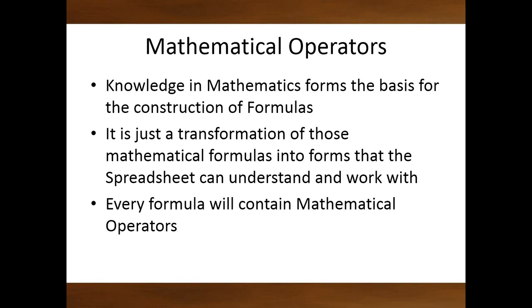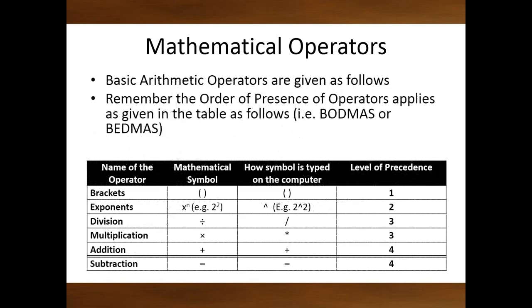Every formula will contain mathematical operators. Basic arithmetic operators are given to us here in this table. If you remember your BODMAS very well, it applies here. That is the order of precedence of arithmetic operators.